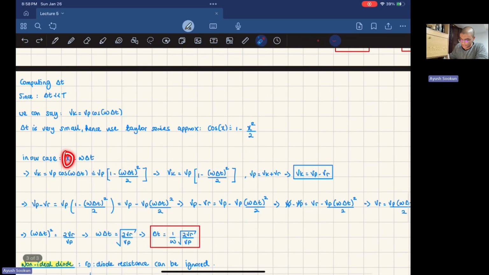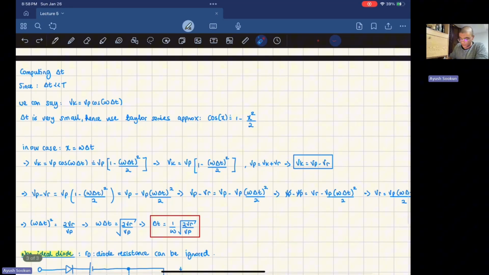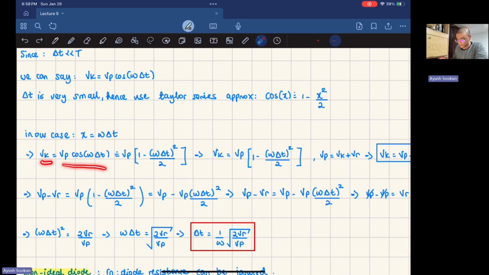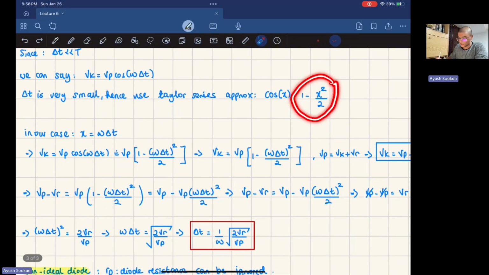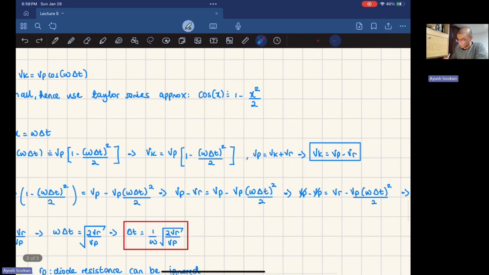In our case, x is omega delta t. So we have Vk equal Vp cos omega delta t. Cos of whatever is going on in here is equal to this thing, especially with our x being omega delta t. So I'll just replace this cosine with my approximation right here. That's all I did.